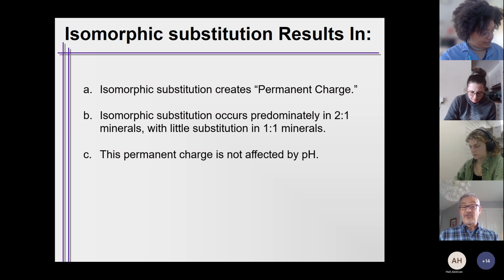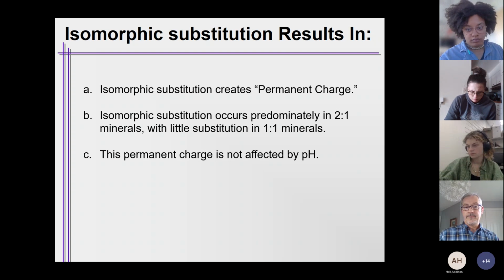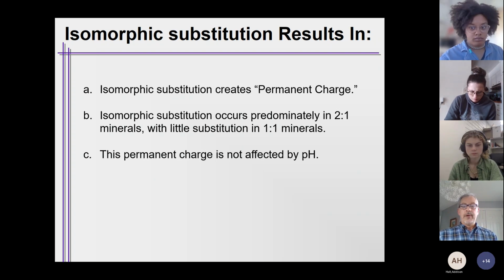What's sorbed onto the outside of the clay is definitely going to be different at pH 4 versus pH 8 or 9, but the charge on the soil itself or the clay itself is not going to be affected by pH.